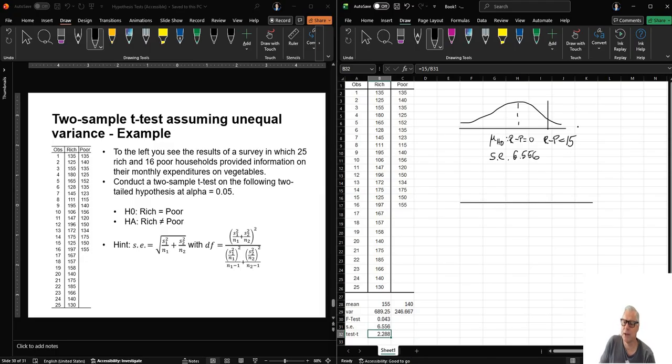So our scenario is, here we had expenditures, and now we converted it into a T. And our expenditures of 15 correspond to a T-score, a test statistic, of 2.288.